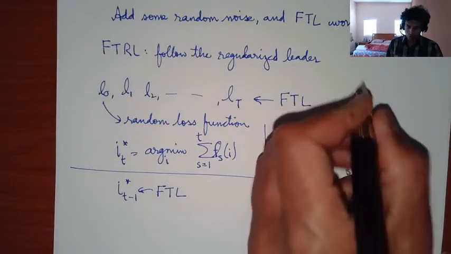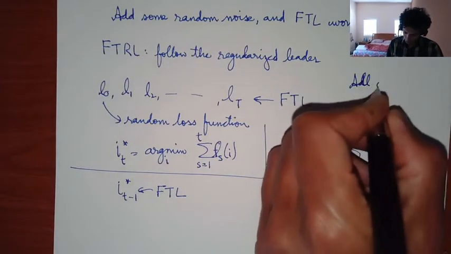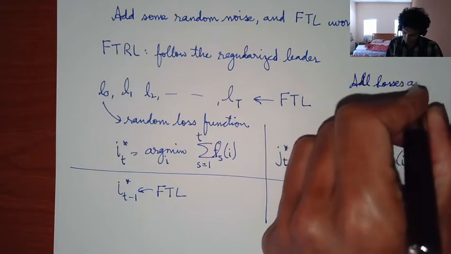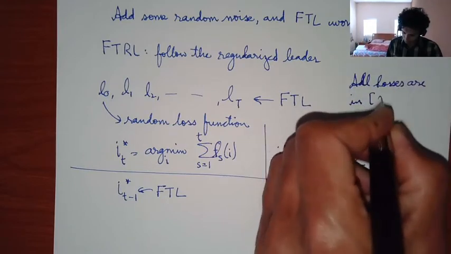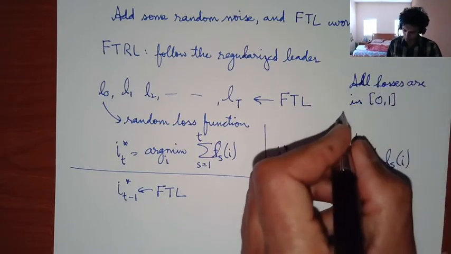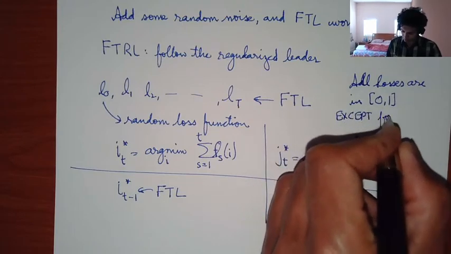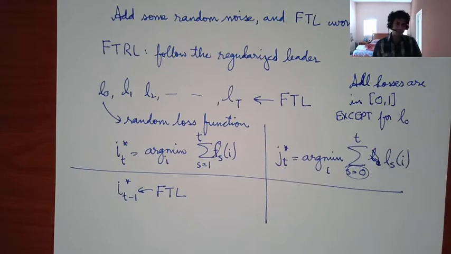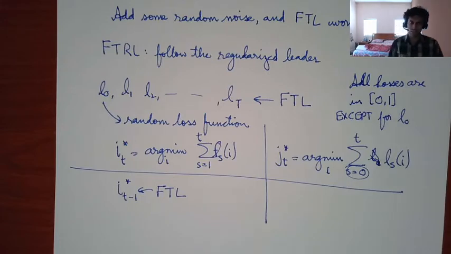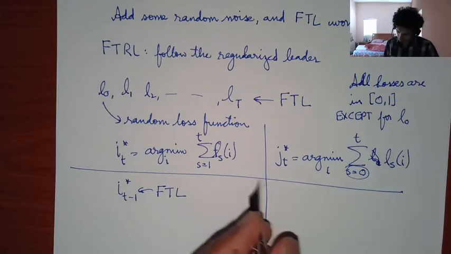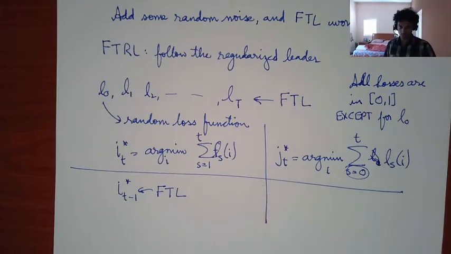Now, just to be clear, all losses are in 0, 1, except for L0. So L0 is going to behave somewhat differently. We will come to what it's going to do later on. So JT star has this behavior.